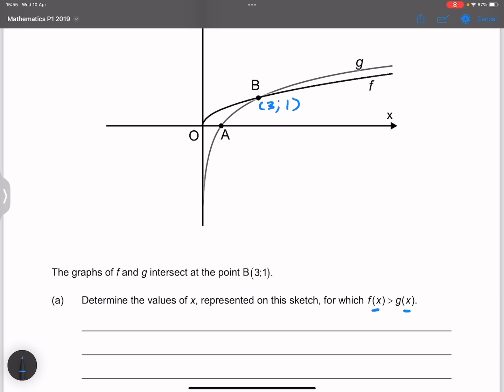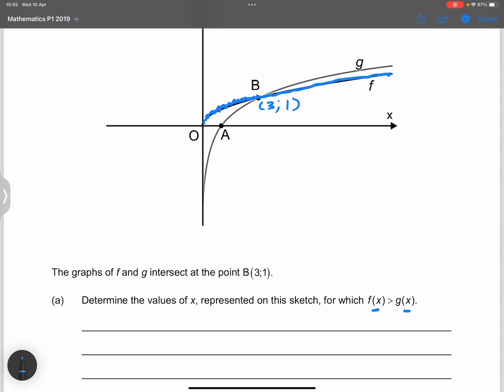So the y values of f are greater than the y values of g. Now you notice my f graph is this one, okay? And so where is that graph above the graph of g? So definitely here, right? Between 0 and 3, right?